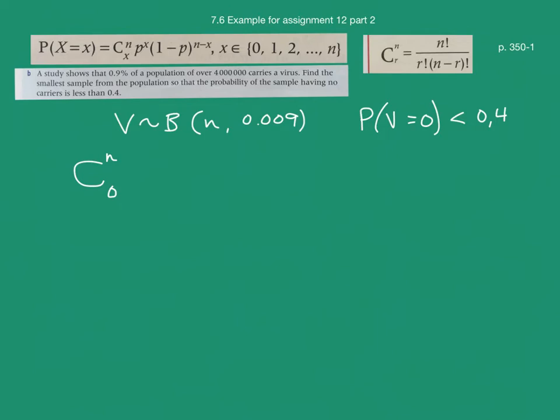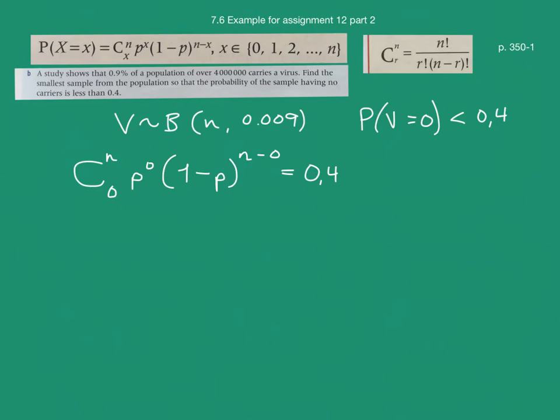And that's going to be multiplied with the probability to the power of 0, and then 1 minus the probability to the power of n minus 0. And this is going to be equal to 0.4.